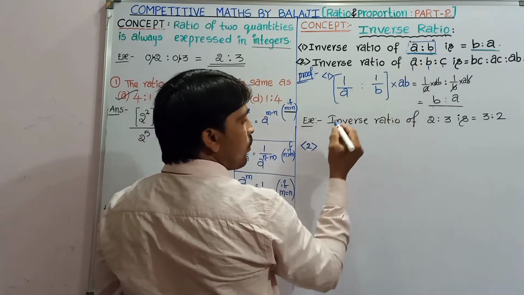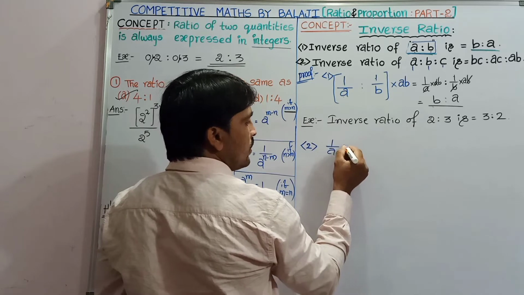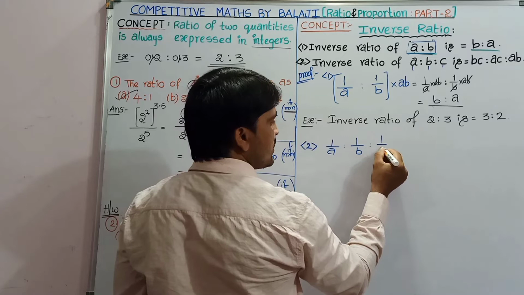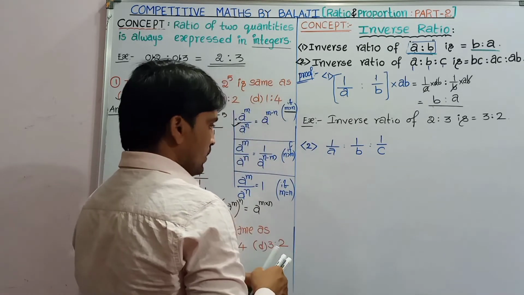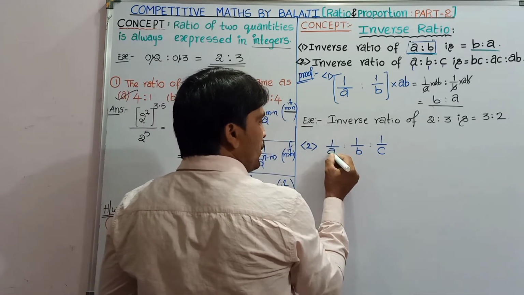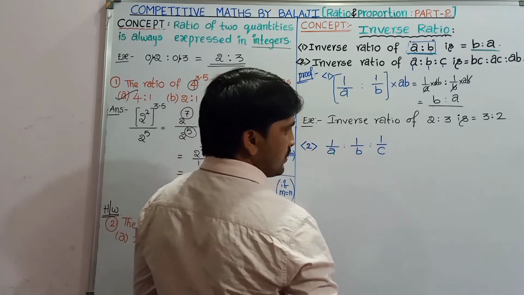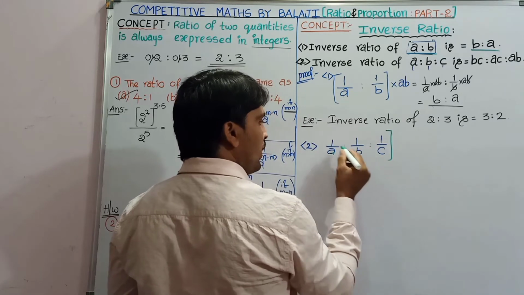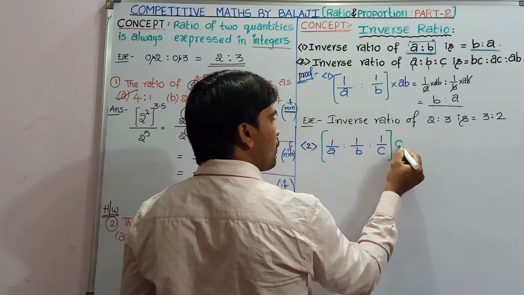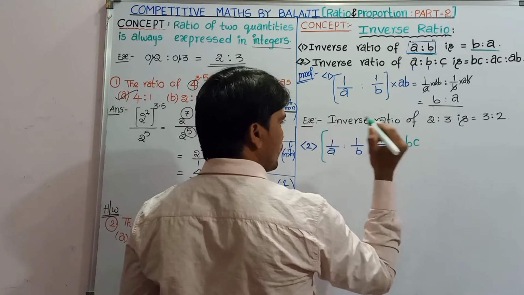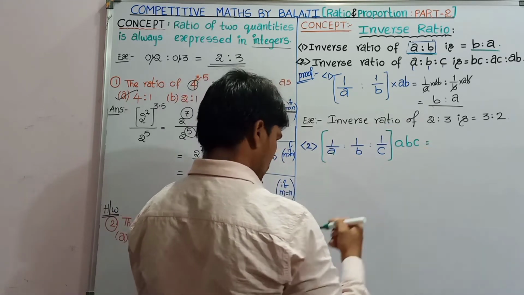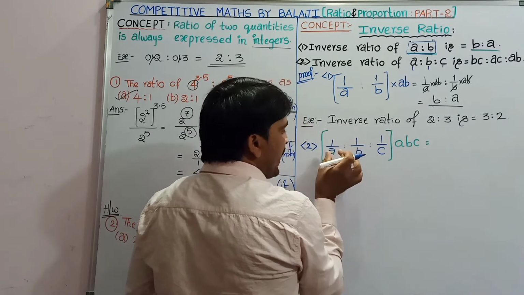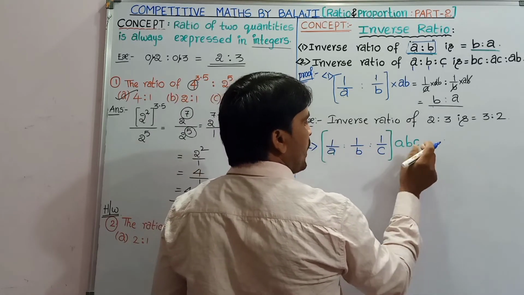That is, the reciprocal of A is 1 by A, is to the reciprocal of B, 1 by B, is to the reciprocal of C, 1 by C. So in the denominators we have different quantities, where A, B and C are unknown. So consider their LCM, which is the product of A, B, C. Distribute ABC to each term of the ratio: ABC into 1 by A.